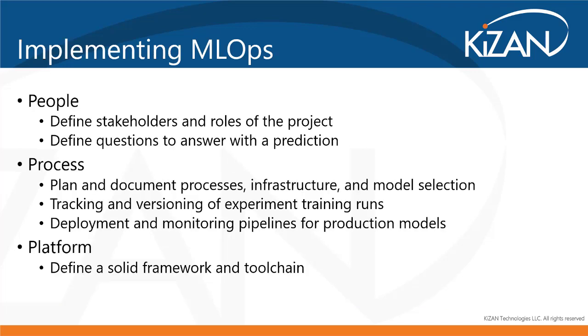Now, this is a large undertaking as a company, but you do have the option to start small and grow as new features or models or processes are discovered. In order to begin an MLOps project and successfully implement it, there are 3 main things that we see as needing to be defined and followed throughout the project. People are the most important.